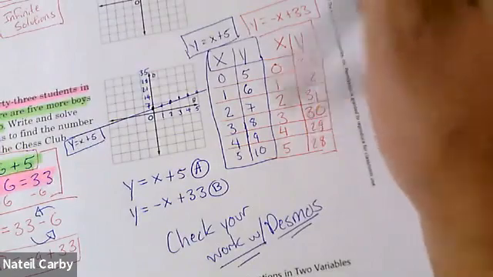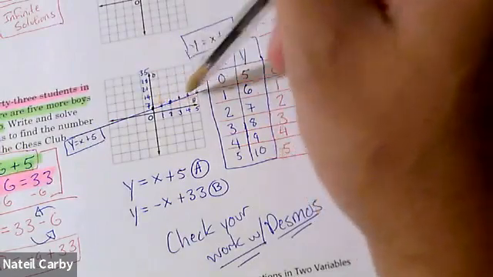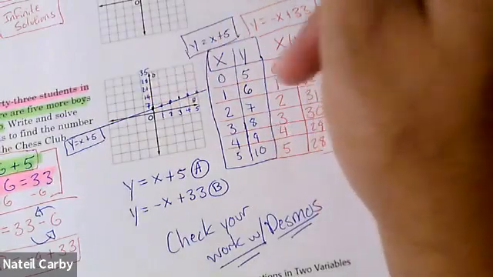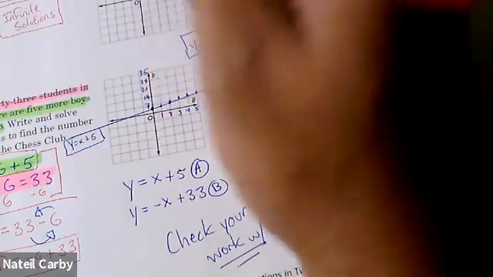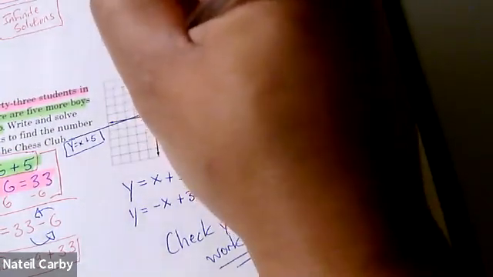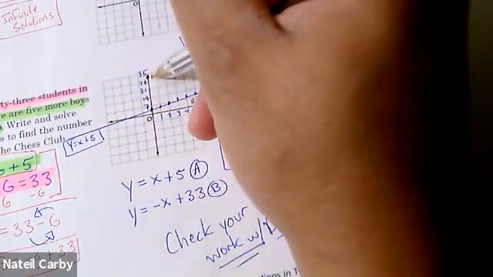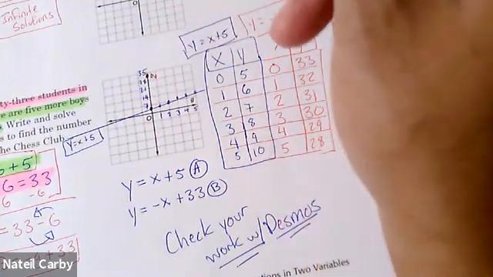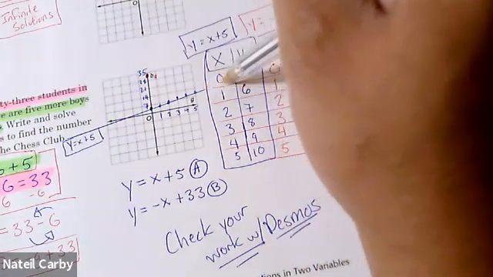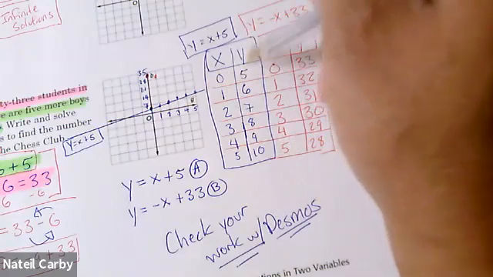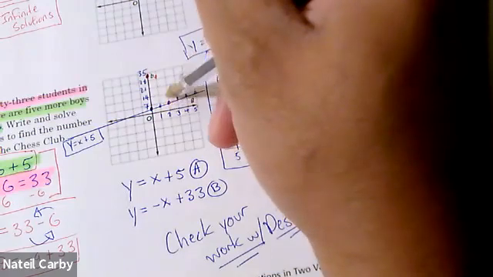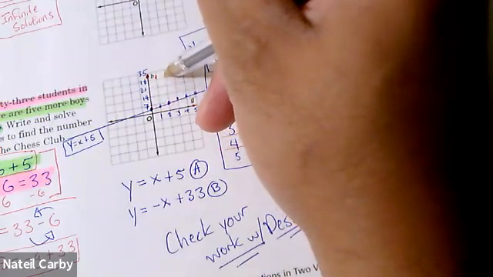Okay. But the point is, with my few points, I should be able to draw my line and then I should be able to make a prediction. So 0, 33 is somewhere around here. 1, 32 here. Uh-oh. Shoot, it might even come into my table out here. 2, 31. Yep.